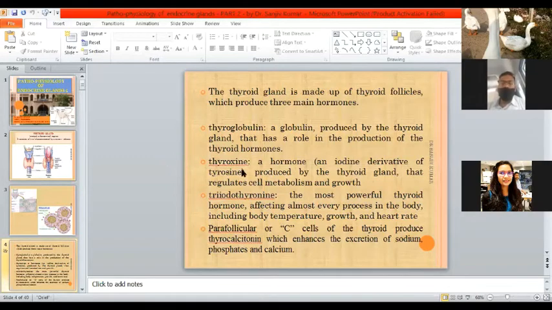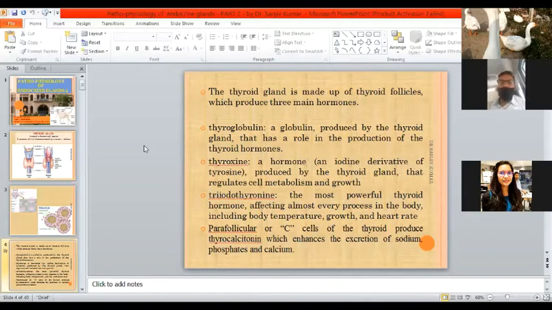So the secretion of thyroxine and T3 is under the control of TSH, but the secretion of thyrocalcitonin is not under the control of TSH of the pituitary, but it is controlled by the level of calcium in the blood. So the level of serum calcium controls the secretion of thyrocalcitonin, but T3 and T4 are under the control of TSH. A feedback regulation controls the secretion of T3 and T4 from the thyroid gland.